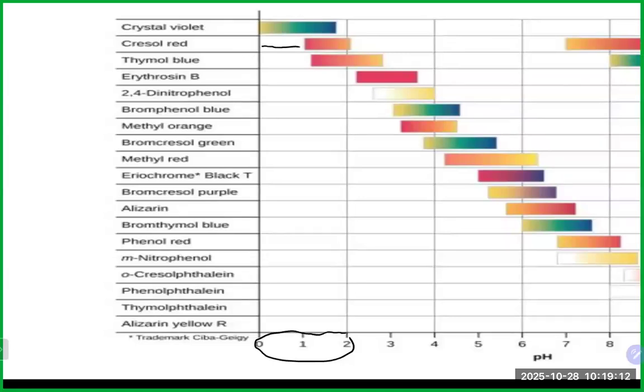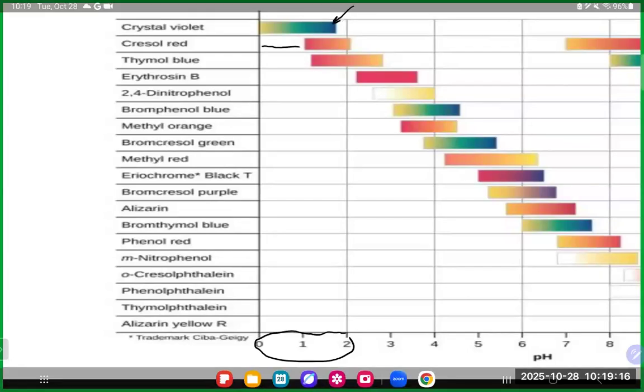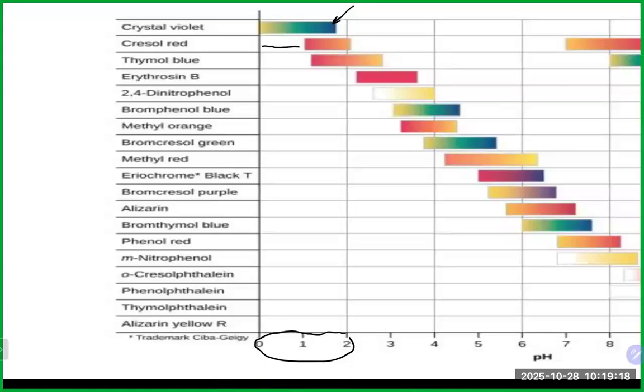Because if your equivalence point is basic and you choose this one, it's going to turn blue pretty early, and that's never going to change color again, and you will not know where your equivalence point is, because it changed too soon. And before this, this one will stay red from this point, and then it stays that color after that point.